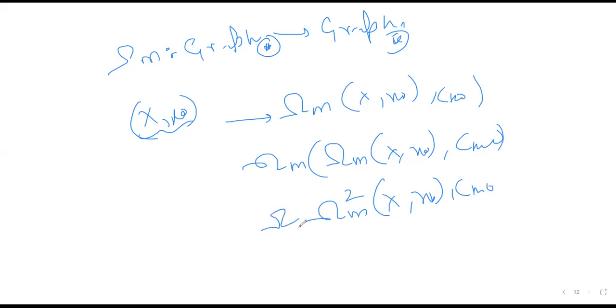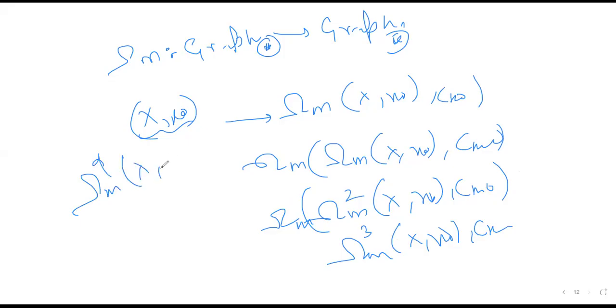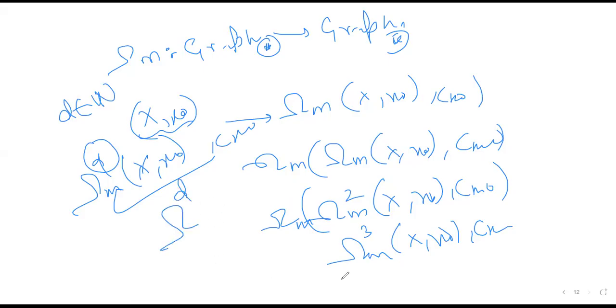Then if we apply again Ω^m, we increase the power to Ω^m cubed. If we apply it d times, where d belongs to the natural numbers, we can write Ω^m composed with Ω^m, applied d times on this graph. So we can say this is the iteration d times.